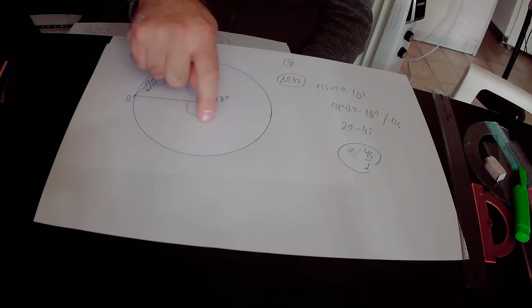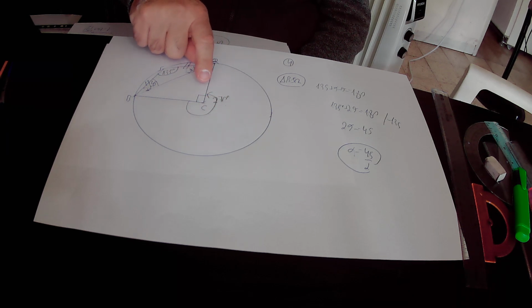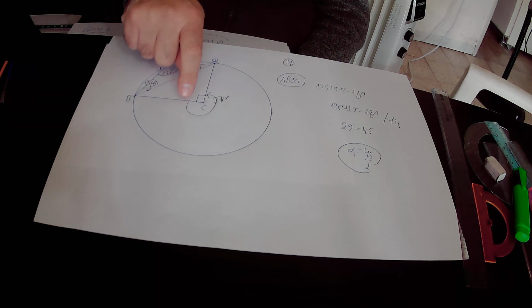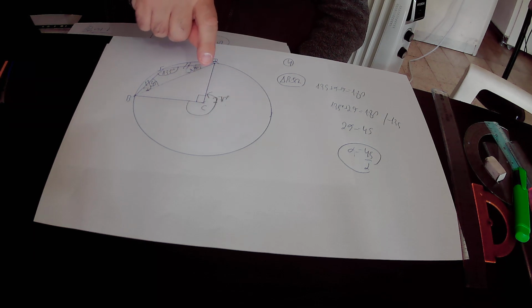So the missing angle must be equal to 360 degrees minus 90 degrees according to rule number 6. That is 270 degrees.